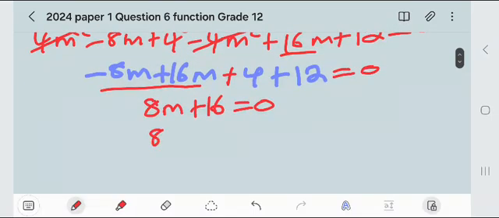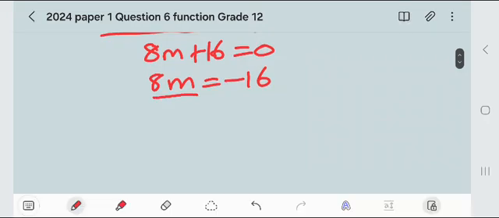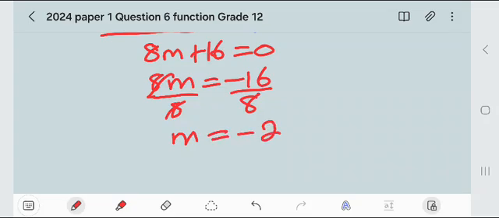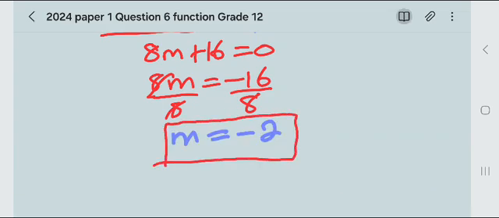Then we have 8m; take that to the other side and it would be minus 16. You divide by 8 both sides. That and that will cancel. Then our m will be equal to minus 2. This is our m.